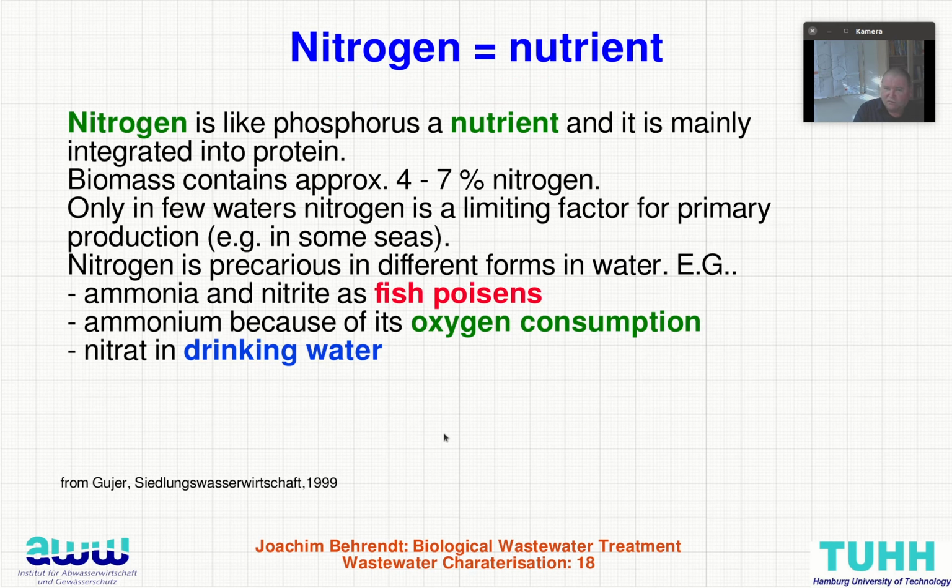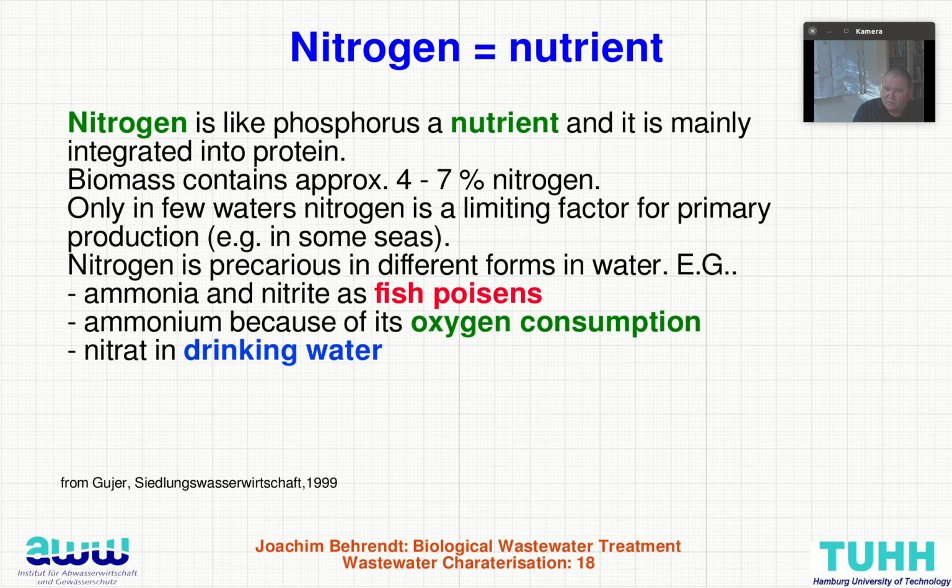Nitrogen is as well a nutrient. This is important because it is integrated in proteins. Biomass contains in this range 4 to 7% of nitrogen, also a quite crucial factor, but this is only in very few waters a limiting factor, normally in coastal zones in the sea.